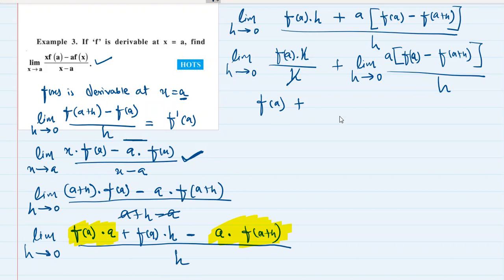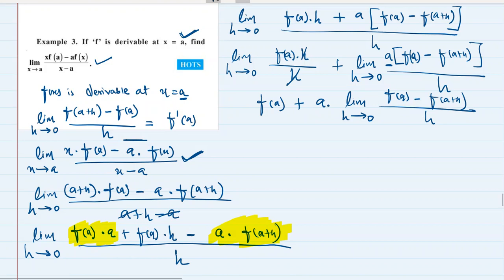Okay, there is one thing which I want to show. See, this a is outside the bracket and it is a constant. Okay, because it is derivable at x is equal to a, where a is basically a real number, so it's a constant. Can we take it out of the limit formula? We can definitely take it out of limit formula. So this becomes limit when h tends to 0 of f of a minus f of a plus h upon h. Does this seem familiar, this formula?